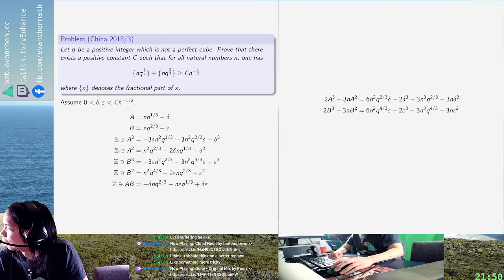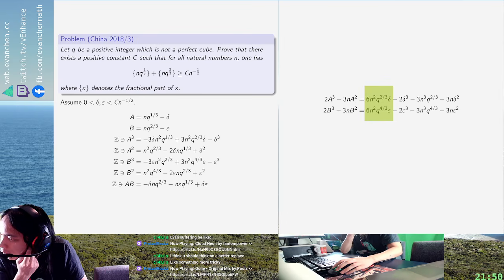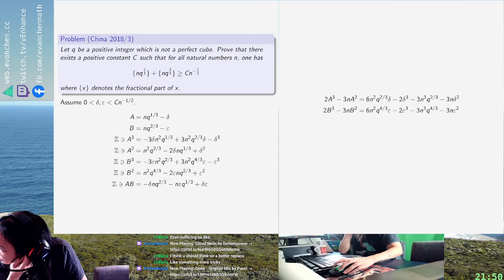Okay, so this is under control, this is under control, this is under control. These things I don't know if there's much I can do about. This term is very much not under control. Does this thing let me clear it? Not really.